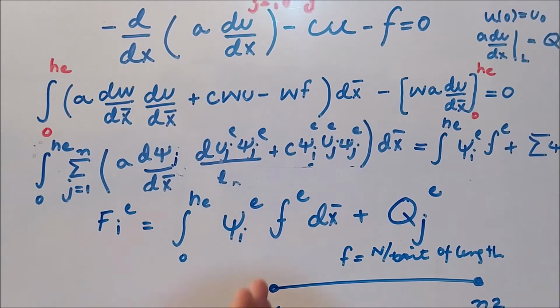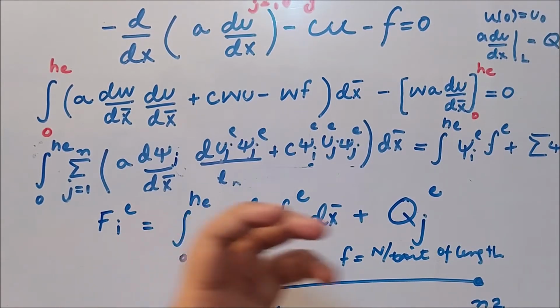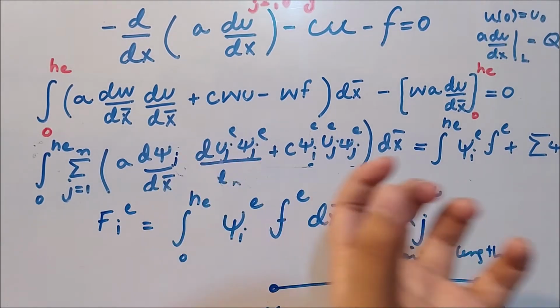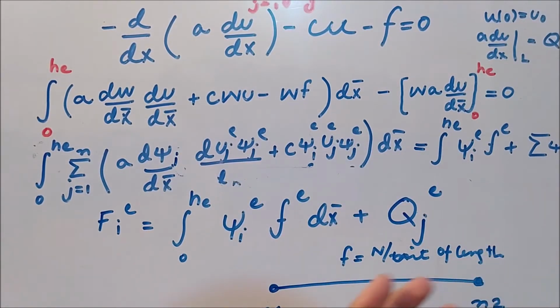We're talking about the first node, the second node, the eth element. We're not talking about the whole structure. We're taking a discrete amount of the structure, and this node has a certain force load in either direction, and the same for the other node. So we have to transform this distributed force into values on either node because of the structure of our finite element method.